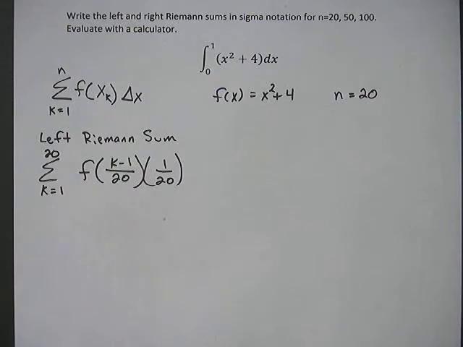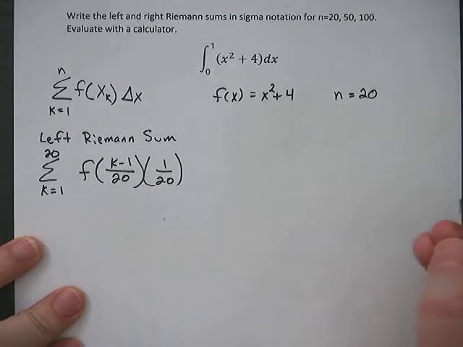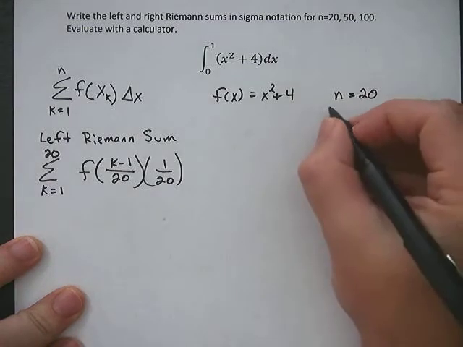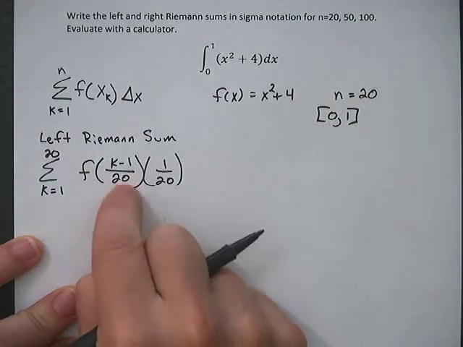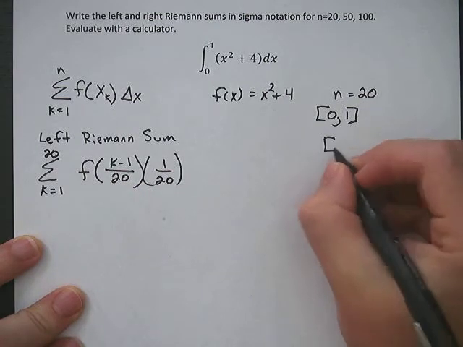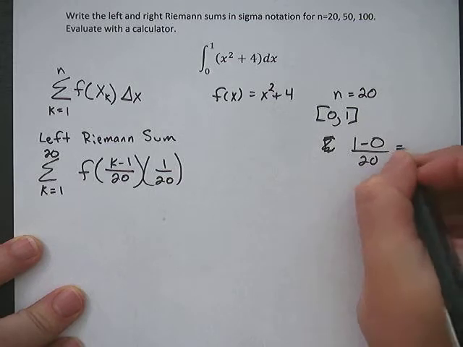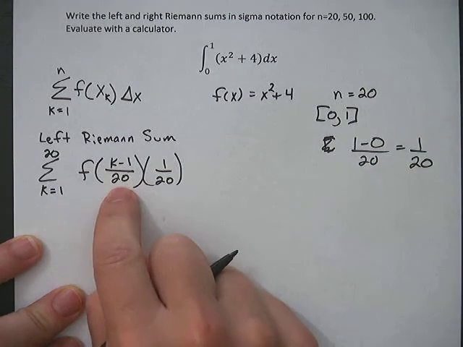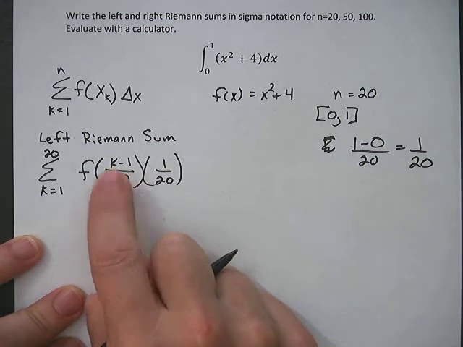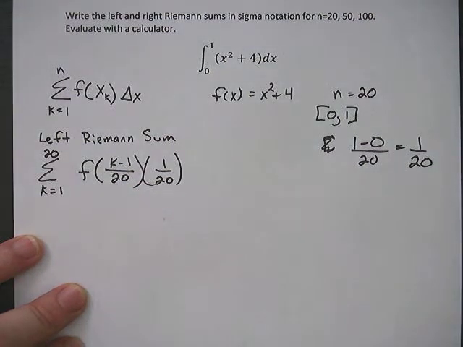Well, we have n equals 20 subintervals, and we have the interval from 0 to 1. So the number that we're dividing by is 1 minus 0 over 20, or 1 over 20. So that is our delta x, and it's also the number that we're going to divide inside the function, because that's where we're evaluating the function.